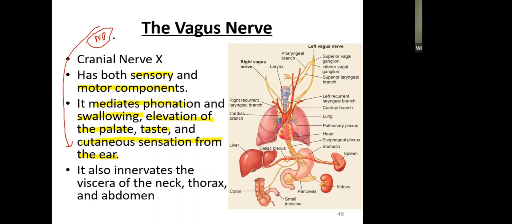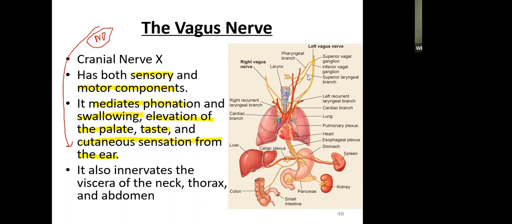So that all links to this, because you're going to be testing for phonation, swallowing, seeing if the patient is able to swallow, seeing if the patient can move the tongue, even if the patient can hear, all of these tests. The vagus nerve also innervates the viscera of the neck, thorax, and the abdomen.